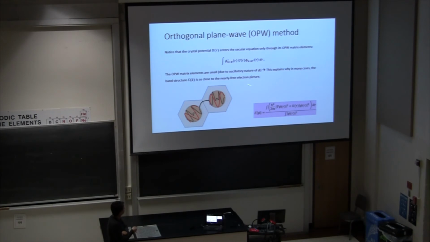But the main contribution comes from an integral of this form. Let's say you can almost take this now to be the core wave function, so psi star times u times psi. And this integral itself usually becomes very small.